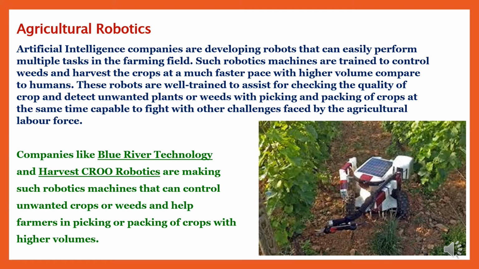These robots are well trained to assist in checking the quality of crops and detecting unwanted plants or weeds, with picking and packing of crops at the same time, capable of fighting other challenges faced by the agriculture labor force. Companies like Blue River Technology and Harvest Croo Robotics are making such robotic machines that can control unwanted crops or weeds and help farmers in picking or packing crops in higher volumes.